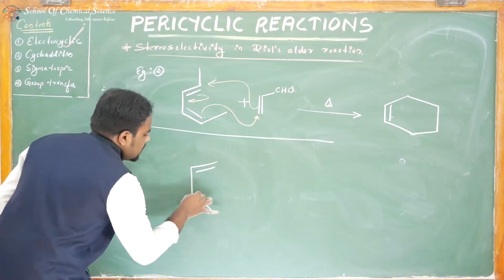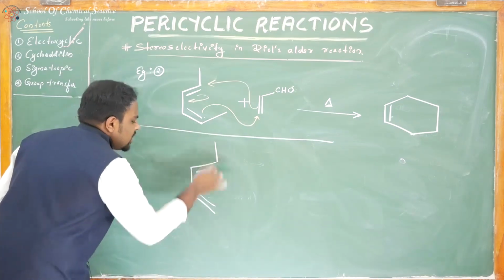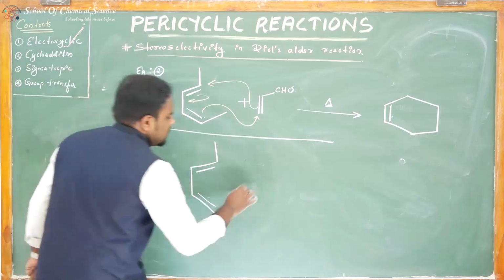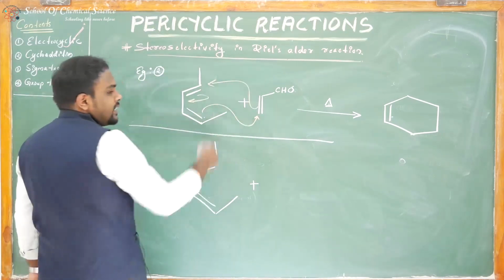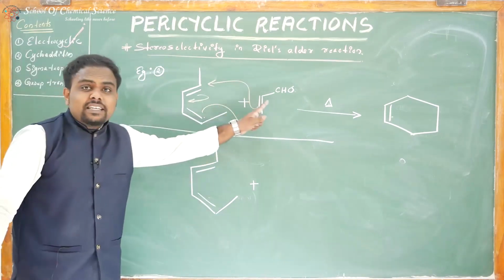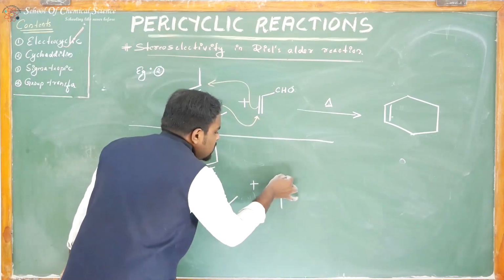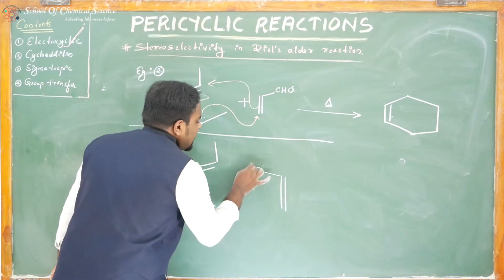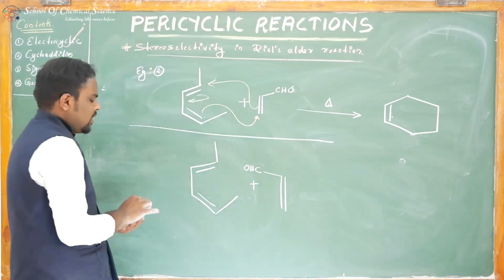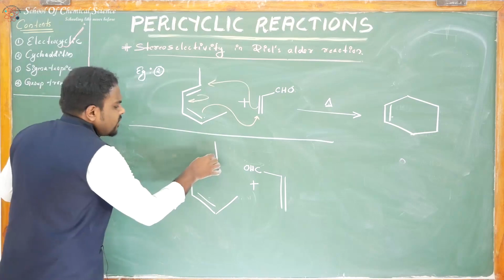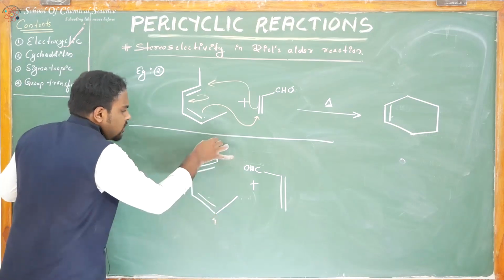Draw the diene. This is the diene. Here a substituent is present. Plus, if the dienophile contains an electron withdrawing group, that will be close to the diene. Then only secondary interactions will be favorable. Then draw a line from carbon 1 to 4.